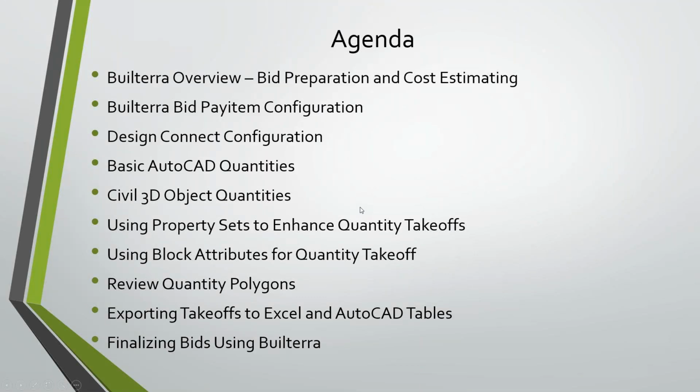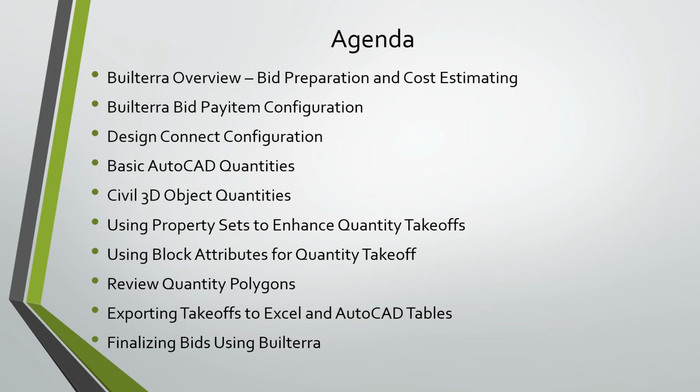So this is the agenda for today's presentation. We will take a quick look at the Builterra platform and some of the concepts of how to set up a pay item in order to extract quantities from AutoCAD Civil 3D. We'll go through some of the basic AutoCAD quantities, polylines, polygons, blocks, things of that nature. We'll also look at the Civil 3D object quantities like pipes and surfaces.